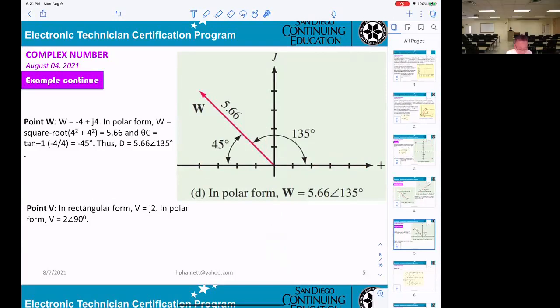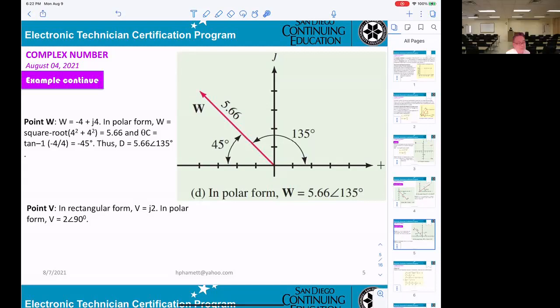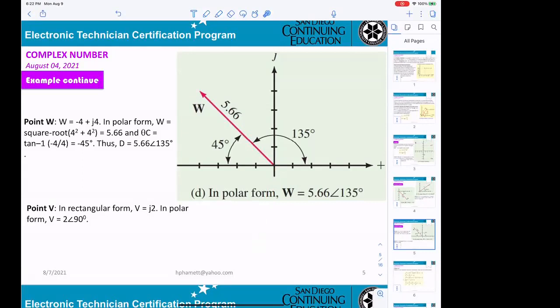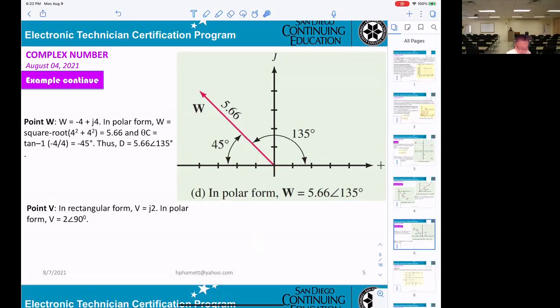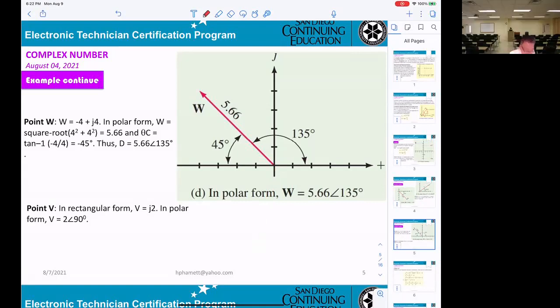Okay, point V. In rectangular V equals Z2. No real, right? Real 0. Correct. So in the polar, they're going down here. Should that be minus 90? Minus 90, not 90. So it should actually say V equals minus 90 degrees. Exactly.